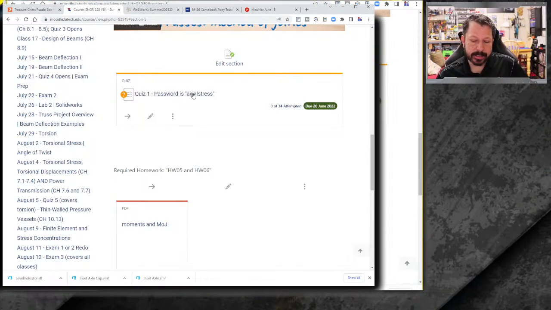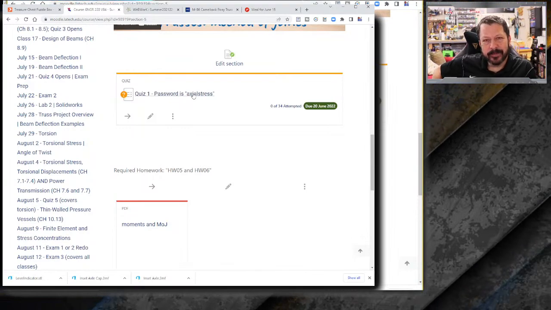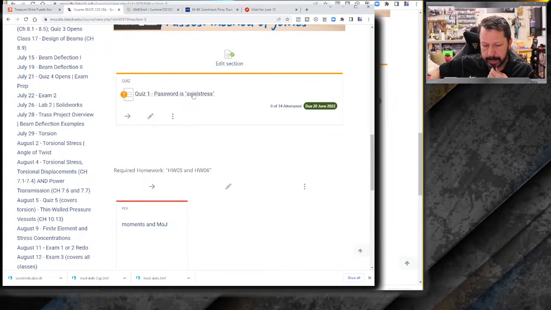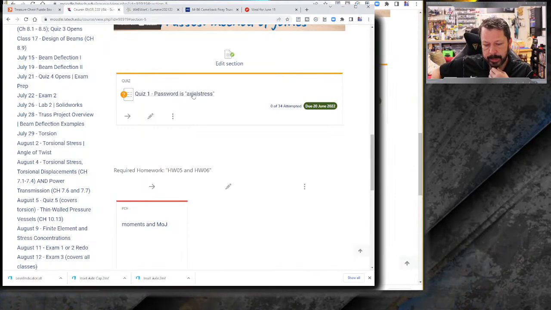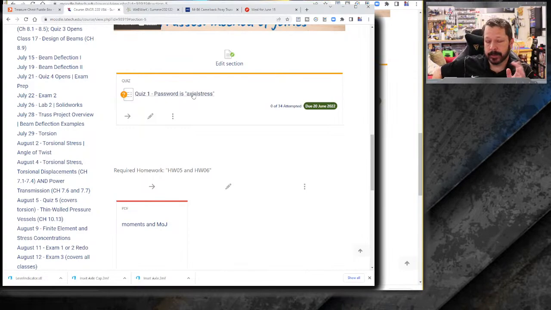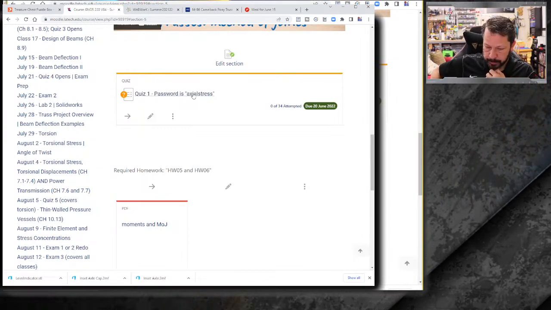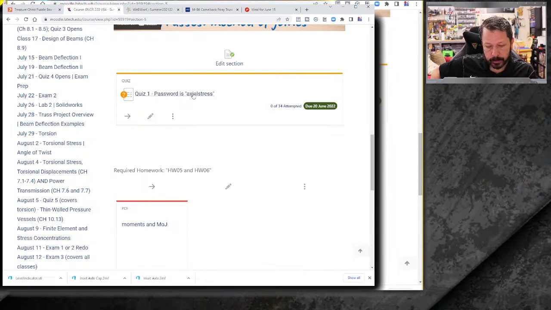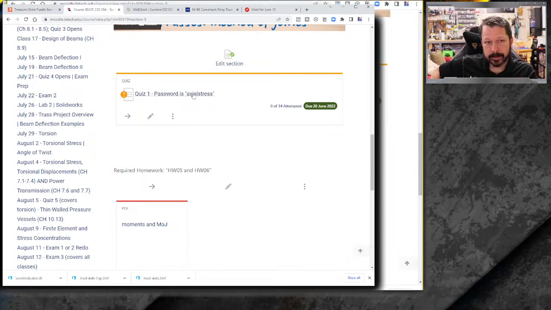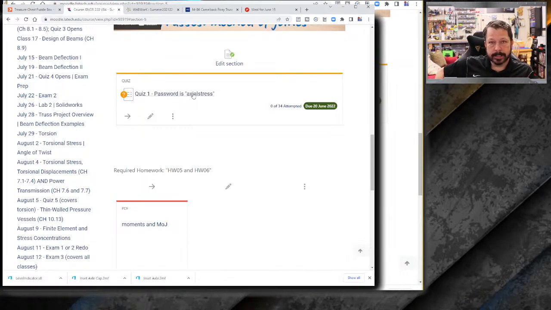The way these quizzes are set up is they're multiple choice. I think this one might have 5 questions on it. Actually, some of these questions might be fill in the blank, and that's okay. There are some of those types of questions on the exam also. Quiz 1 is open book and everything, but I would take it like it was an exam.